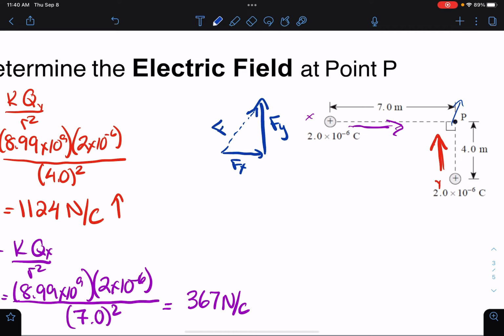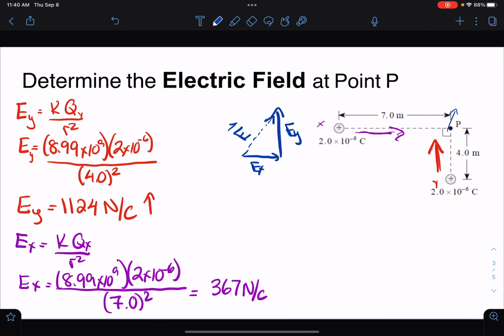So this is our grand total force, taking into consideration both, sorry, they are not forces, they are fields. My apologies. So our fields in these directions are going to add up, and we have to use that vector addition. Luckily, we know good old Pythagorean theorem in order to figure this out.